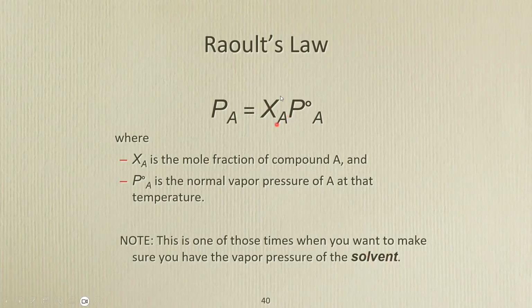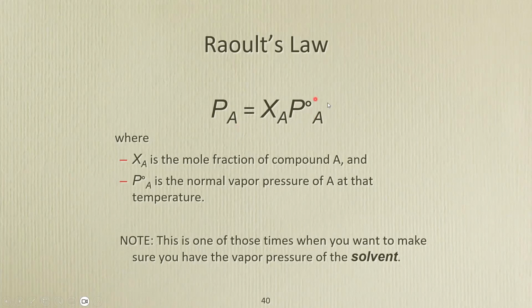So when we're looking at mole fraction, typically we have a small number on the top divided by the total moles of solution. But in this case, since we're focused on the solvent, the top number is going to be pretty close to the total number, because for the most part with solutions, we're going to have a lot of the solvent and a little bit of the solute. And then PA on the left is just going to be the vapor pressure of that solution.